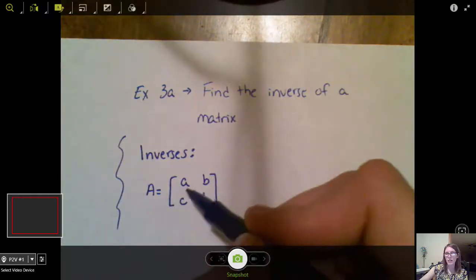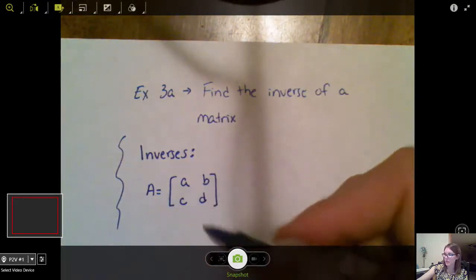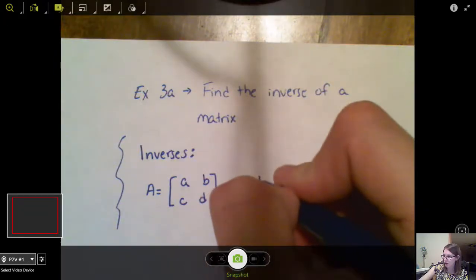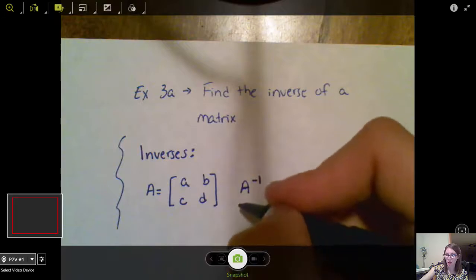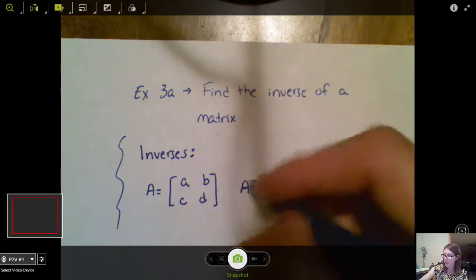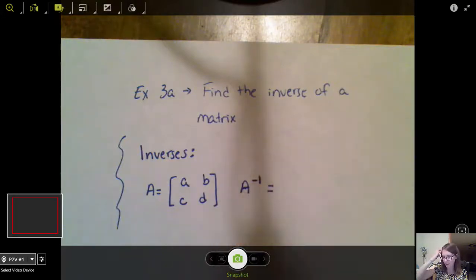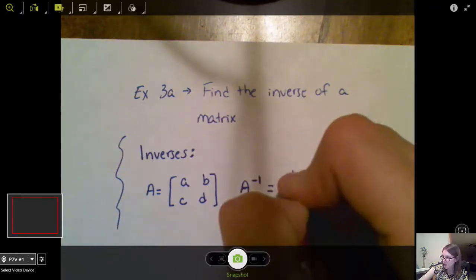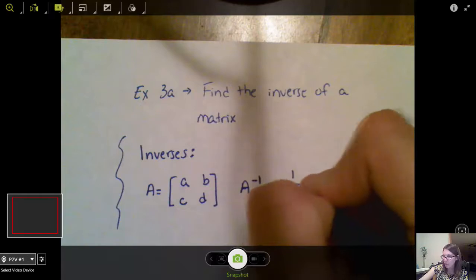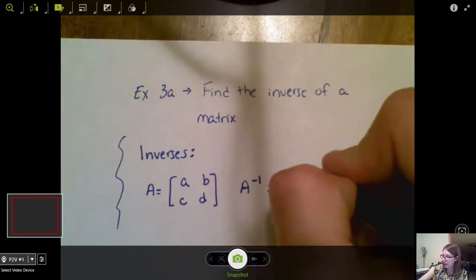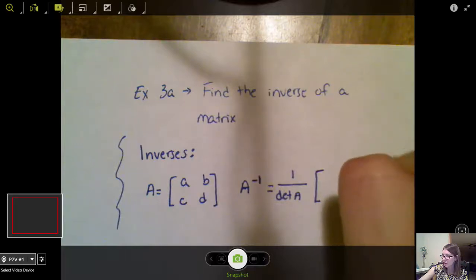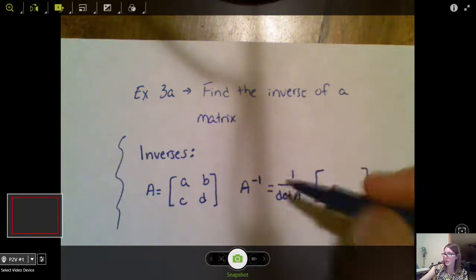If matrix A is A, B, C, D, the inverse of matrix A, its multiplicative inverse, is going to look like this. Okay, and so 1 over the determinant of matrix A times our matrix, but our matrix changes a little bit.